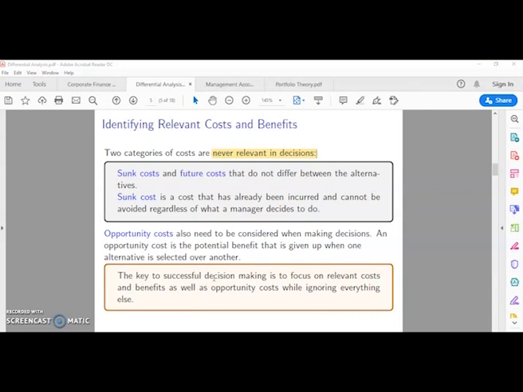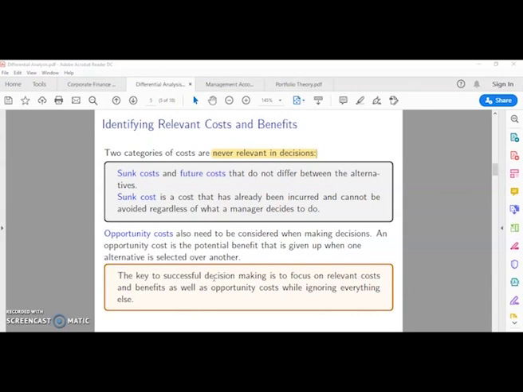It is when we have different alternatives, and once we go for one specific alternative and refuse the other alternative, we are losing some profit which we could get from the second or third alternative. Therefore, when we are picking a specific alternative, we always have some opportunity cost because of refusing any other alternative.